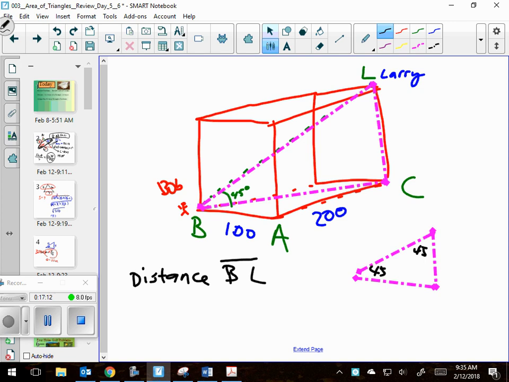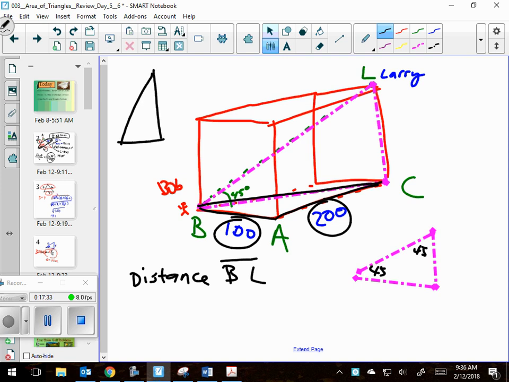No, but can you figure out one? Which one can you figure out? Give it a name. BC. BC can be figured out. And it's as simple as this and this and this unknown side here make this black triangle that I'm going to also pull out on the side here.